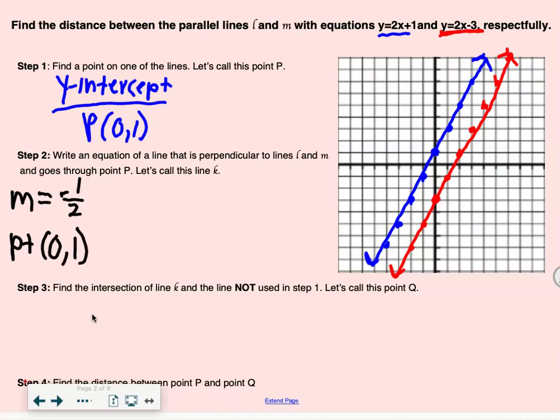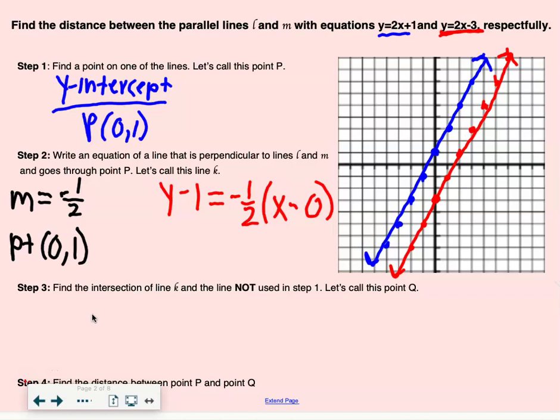Now we're going to plug into our point slope form. So we have y minus y1 equals our slope, negative 1/2, times x minus 0. Now what do we do?